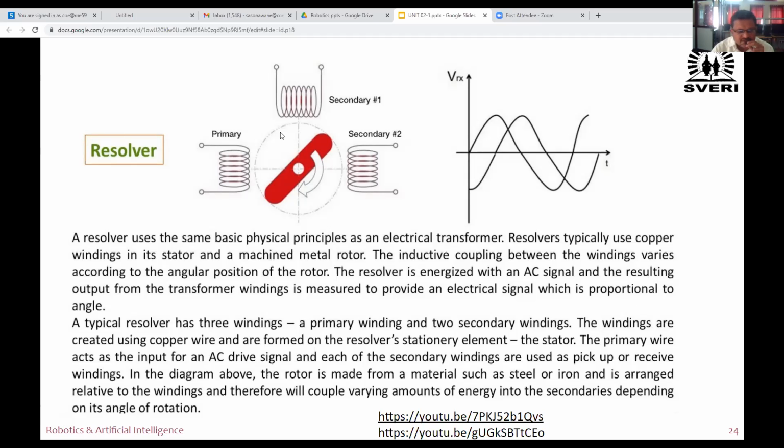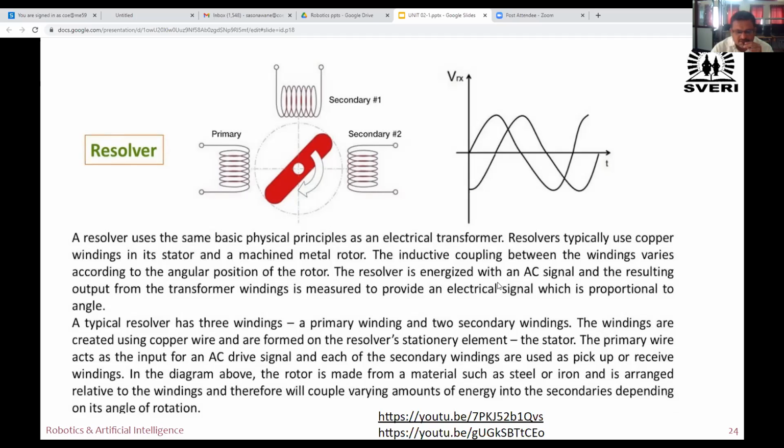Therefore, that resulting signal depends upon the EMF induced in the two secondary windings S1 and S2, depending upon the position of this metal rotor, because the rotor is the rotating part.